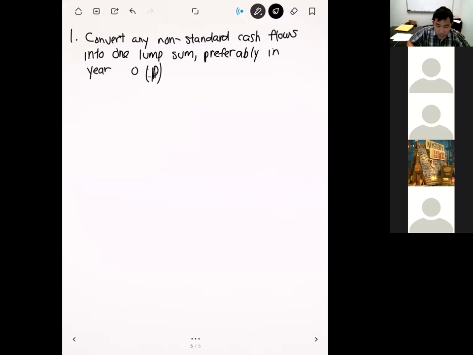Once you have a present sum representation of any kind of cash flow, it's really easy to convert to anything else.